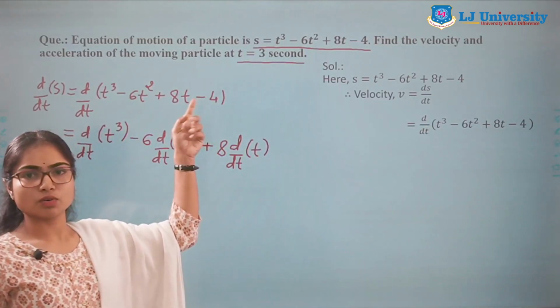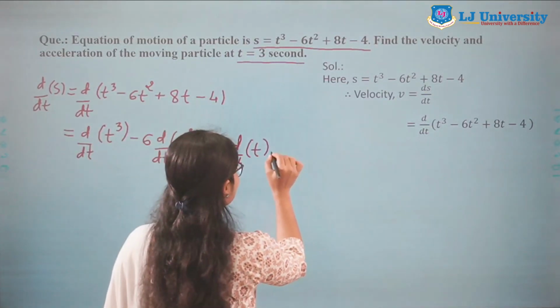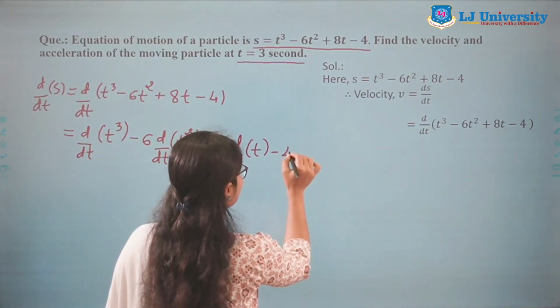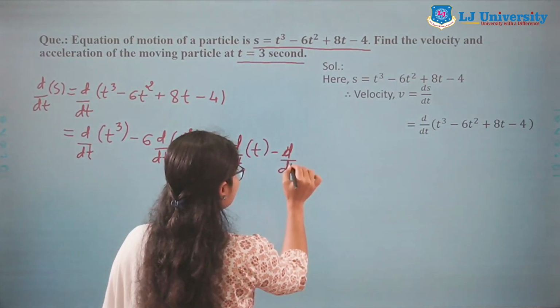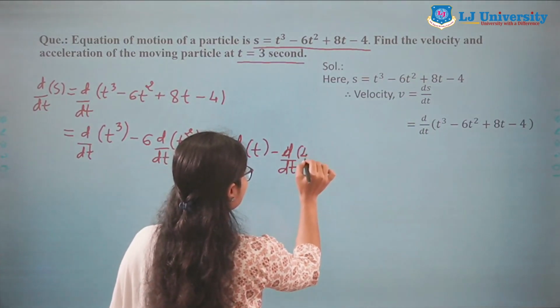Here there is no variable, so we will take the derivative of 4 minus d by dt of 4.